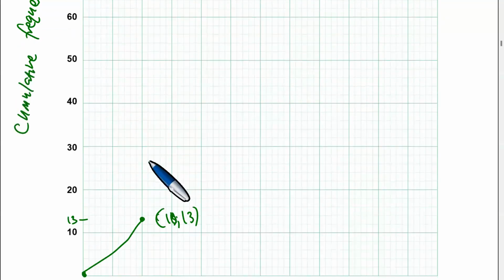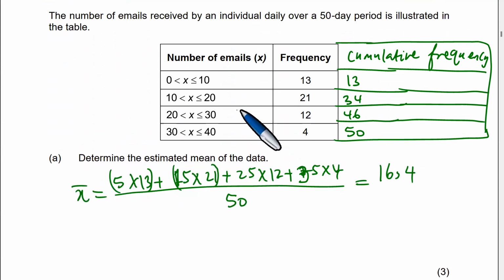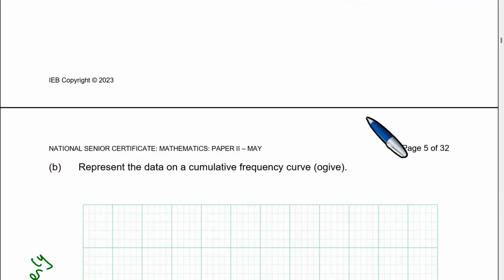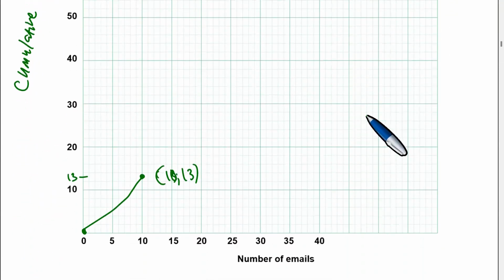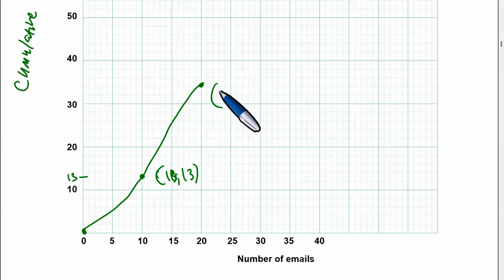Now let's look at the next one, 20. You can see that 20 goes with cumulative frequency 34. So 20 goes with 34, between 32 and 34. So you have this, which is 20 goes with 34.